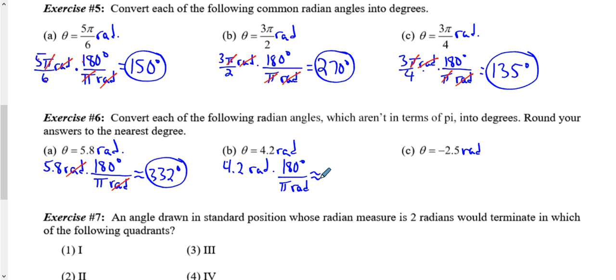What do we get for B? You would get 241 degrees. Good. And for C?